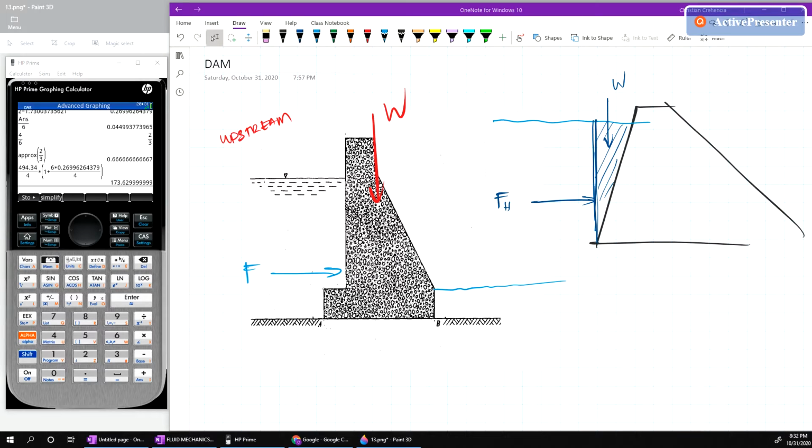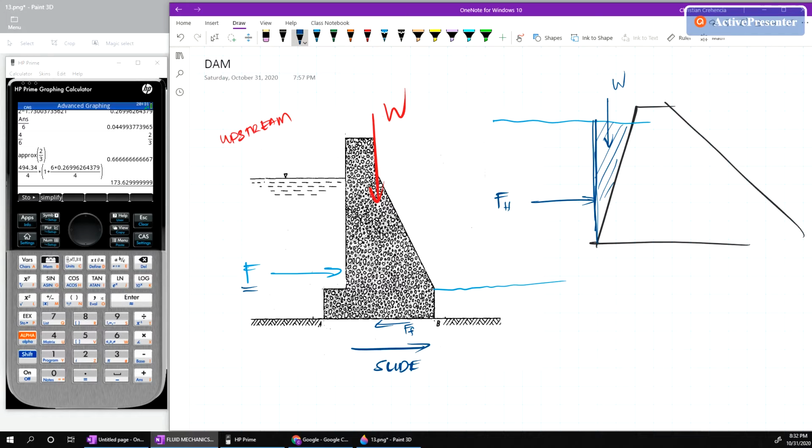So, ano ba nangyayari sa dam kapag na-apply siya ng mga forces na to? Okay? So, ang tendency is either mag-slide yung ating dam. Okay? So, if yung horizontal forces natin, especially itong hydrostatic force, is mas malaki doon sa ating friction force.